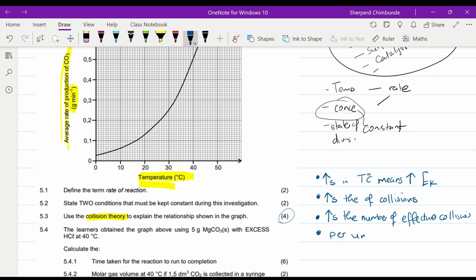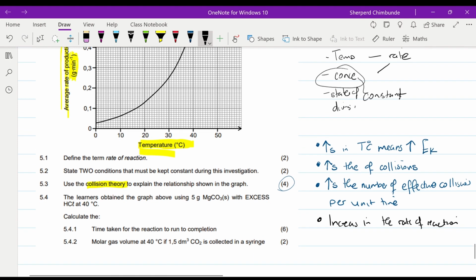Then you can tell them that because of that, there is going to be an increase in the rate of reaction. So what happens when you increase temperature, you increase the average kinetic energy.